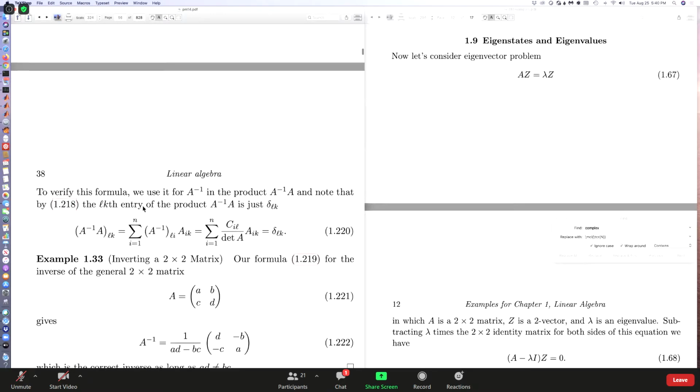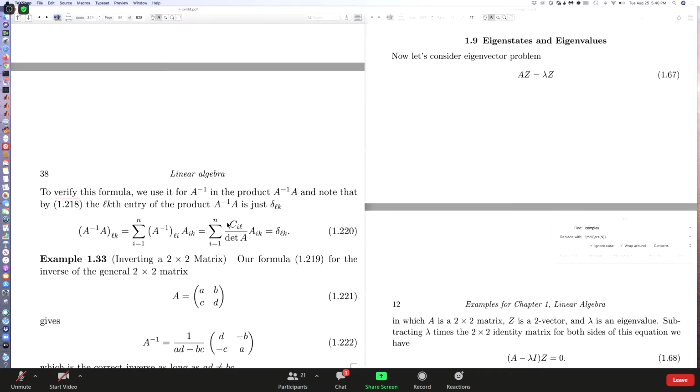And to verify that, we just substitute in this expression like that, and we have CIL AIK over the determinant. This is then delta LK. It's 0 when L is not equal to K, and this sum is the determinant, which cancels and gives you 1 when L is equal to K.